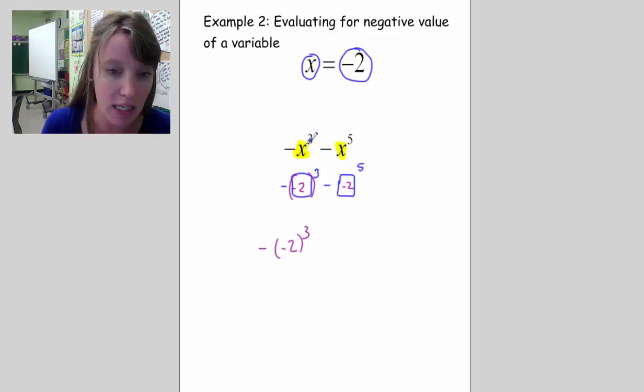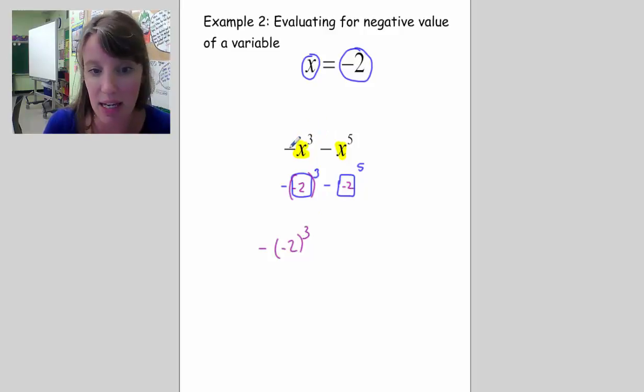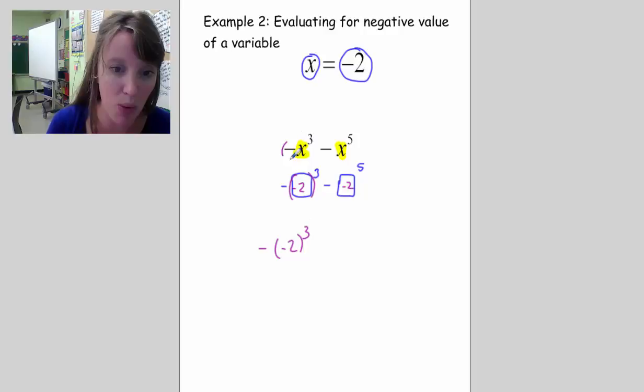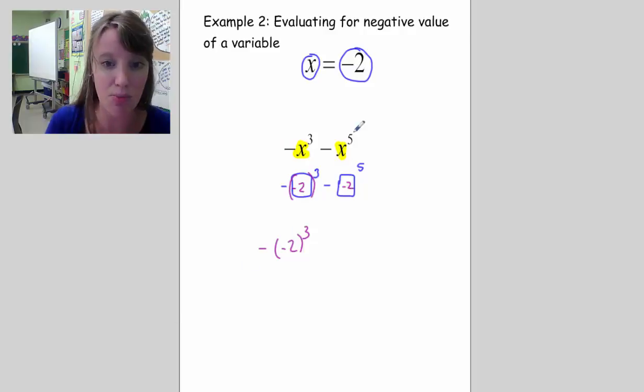Notice that x is being raised to the third power, and then it's being multiplied by -1 essentially. There's no parentheses around the x, so we're going to assume that they didn't want the negative x as a base. We're going to assume that what they wanted as a base was just x, but our x is -2. Then we have minus, and again our x is -2, so it's -2 as a base to the 5.